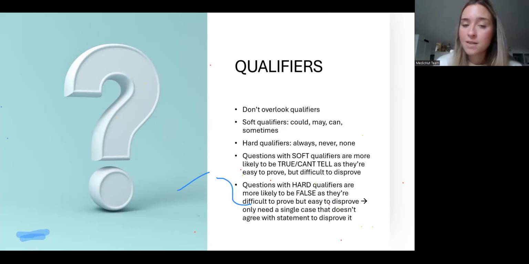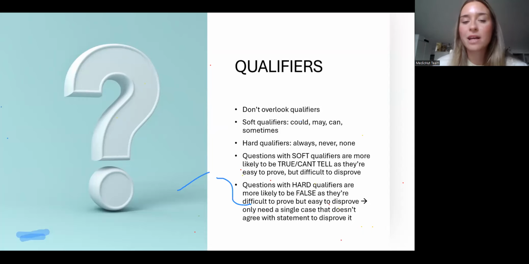So soft qualifiers are more likely to be true because they're easier to prove, but difficult to disprove. Whereas hard qualifiers tend to be false, as they're very difficult to prove, but easy to disprove. So what I mean by this is, let's say you have a statement which says that all cats are animals.